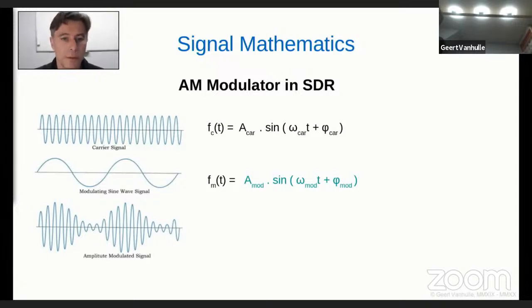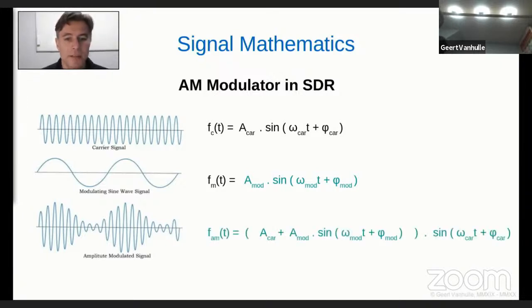Now, what would be an amplitude modulation signal in this case? Well, it's this formula. Now we will have the amplitude of the carrier wave being modulated with the sine of the modulation. So this is quite a complex formula, and sine waves to be calculated by a CPU is not so easy.